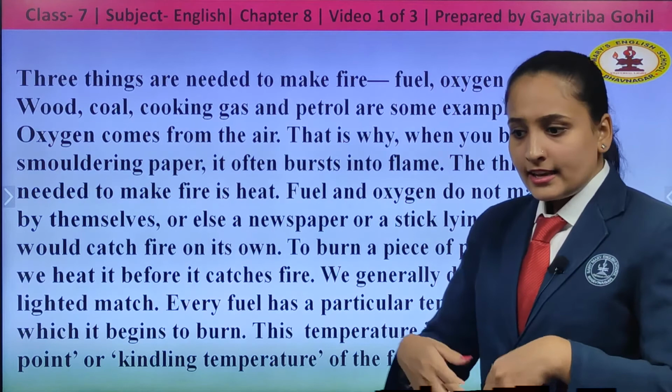Every fuel has a particular temperature at which it begins to burn. This temperature is called the flash point or kindling temperature of the fuel. Different fuels have different flash points. It is the specific temperature at which that fuel will start making fire.